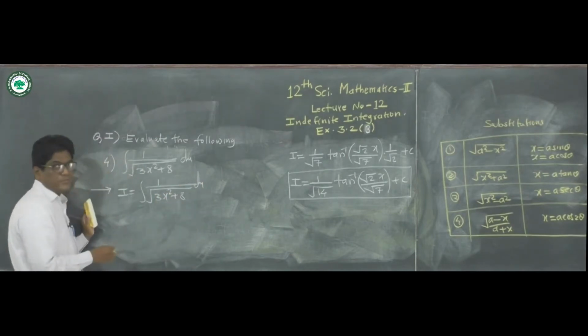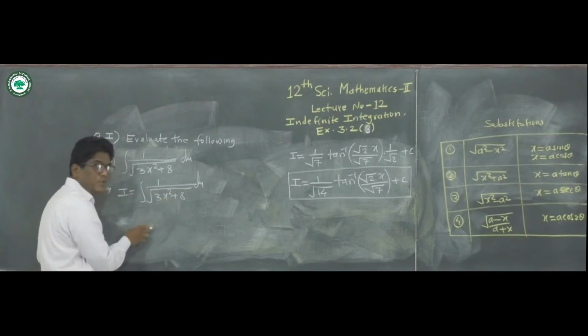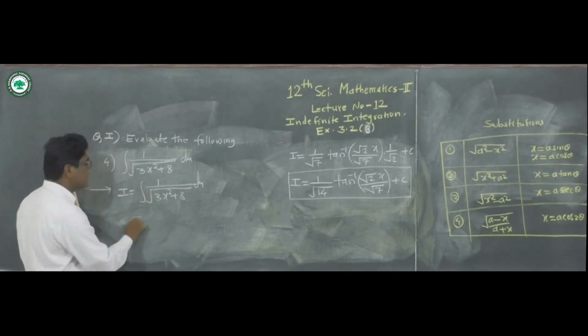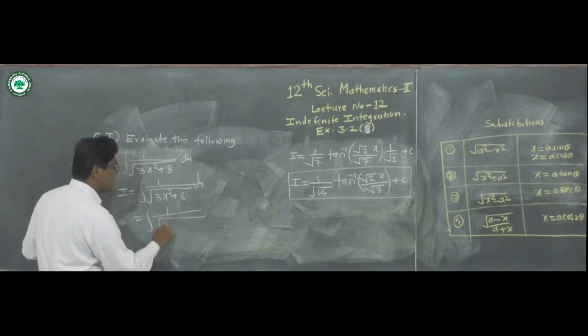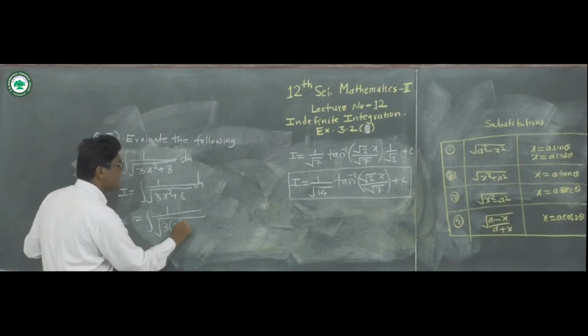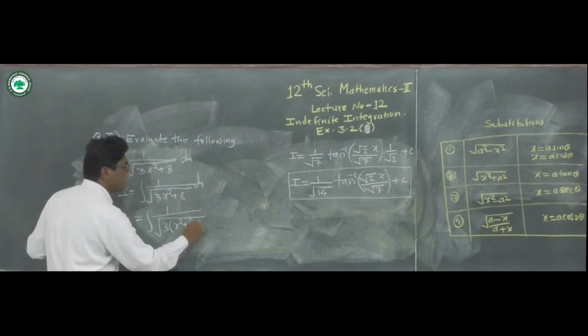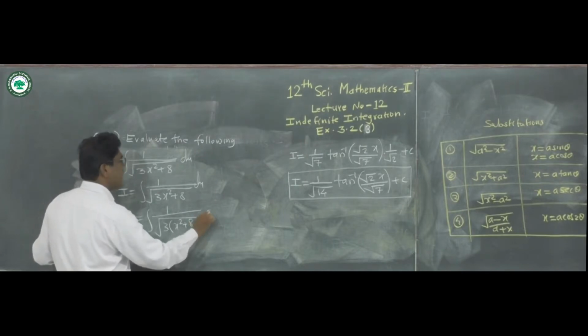Now here it is given in root, 3 is not a complete square, so we take 3 common. So this is equal to integration of 1 upon, take 3 common, so we get x square plus, here 3 is not present, so we divide by 3, so 8 upon 3 and dx.